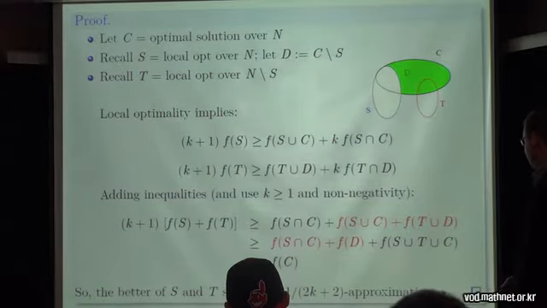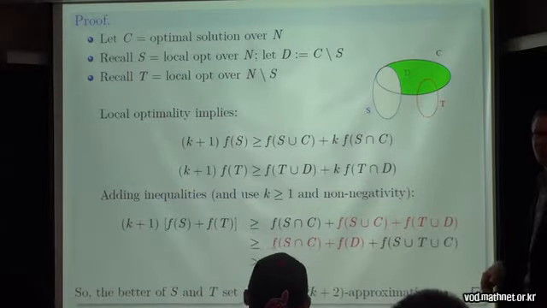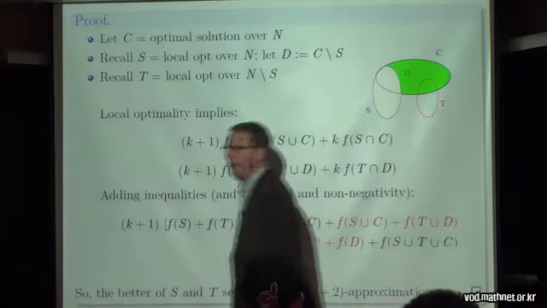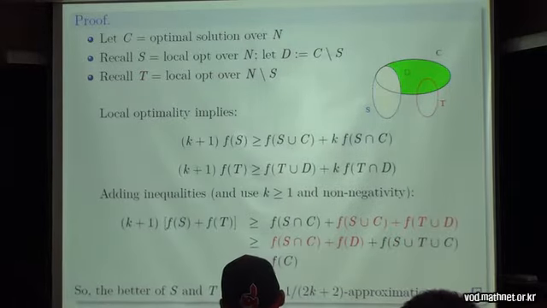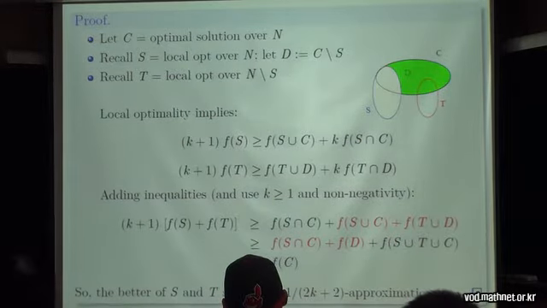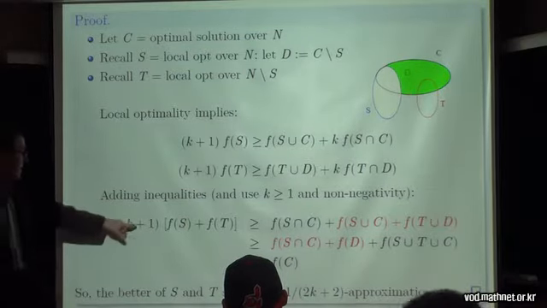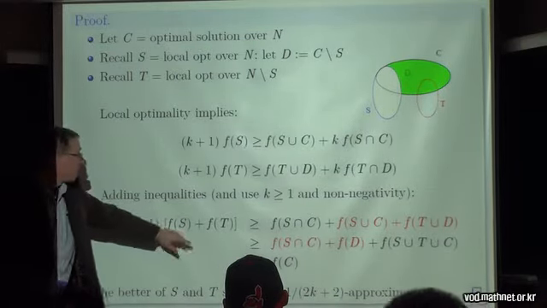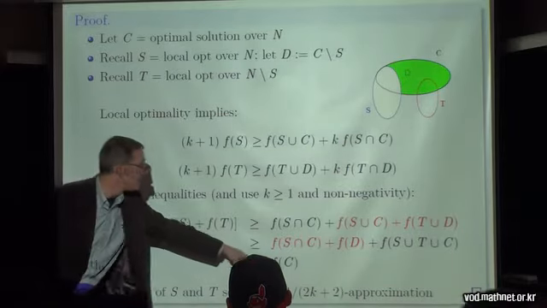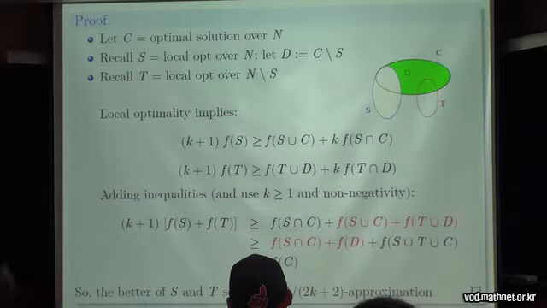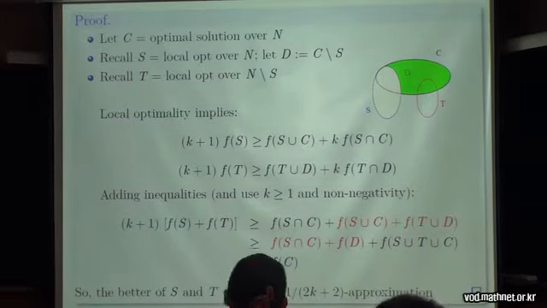And I throw some stuff away. It's believable. You can check it later. So in the end, I get this. And that's all I need because I divide both sides by k plus 1. I've got the sum of 2 things, at least the value of the optimum divided by k plus 1. So at least the better of them must give me a factor of half of that, 1 over k plus 1.